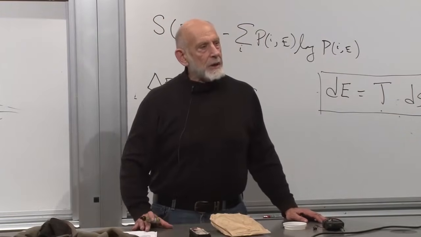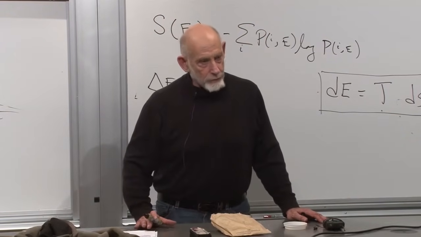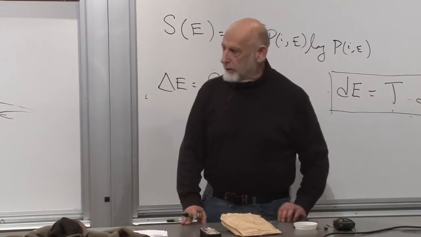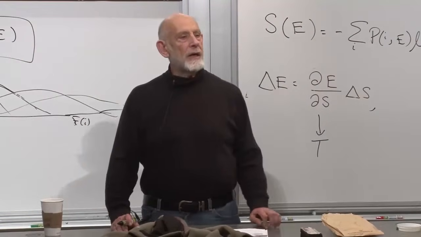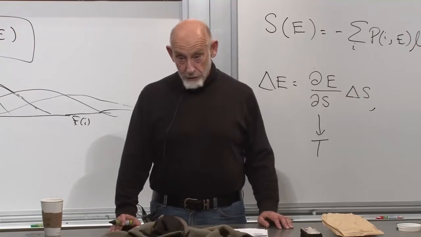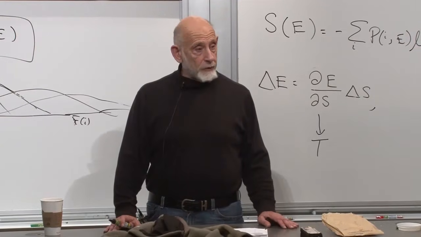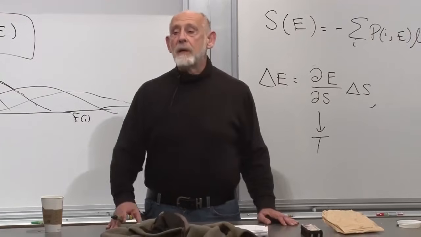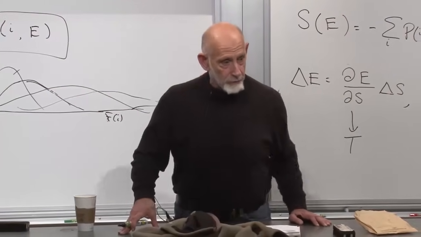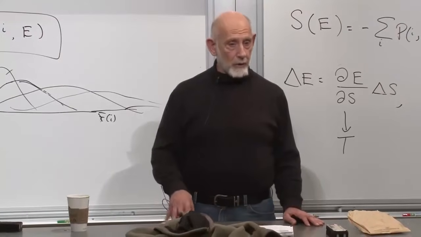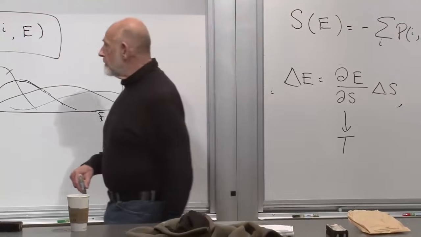The most basic concept of temperature is that heat or energy will flow from the hotter system, in other words the system of higher temperature, to the system of lower temperature. And we can prove that.